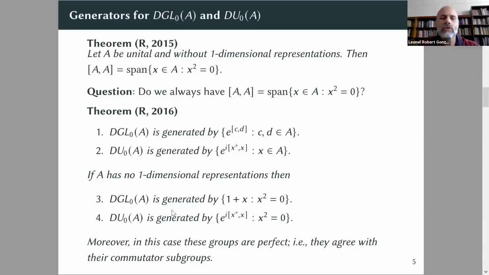The way this work came about is that I first started working on a number of questions relating to Lie ideals of C-star algebras, commutators of the kind xy minus yx. And then I understood how those things could be used to prove theorems about multiplicative commutators.